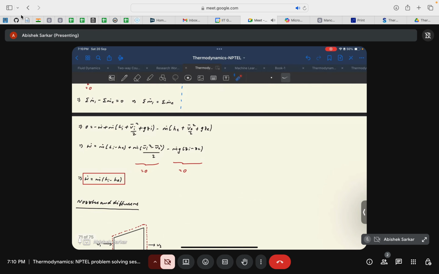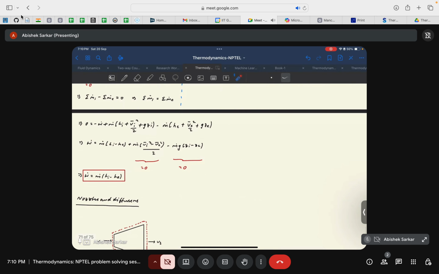You will see that for most of these compressors and turbines, the changes in the potential energy and the kinetic energy are mostly negligible compared to the net change in the enthalpy. So these two terms are usually almost equal to 0, or of very small magnitude compared to this change in enthalpy. So we'll have W dot as m dot (h_i minus h_e). The net work interaction is given as m dot (h_i minus h_e).